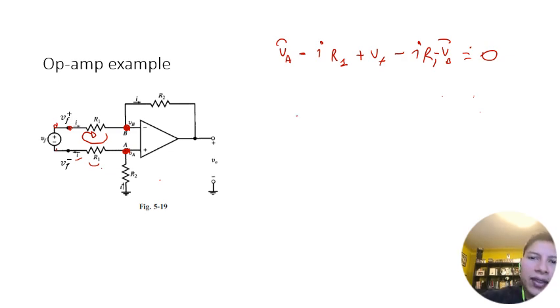Now you're left with VF equals 2I R1. Okay, so that's one equation. Additionally, you know that no current flows through here, so whatever current flows through here has to flow through here.